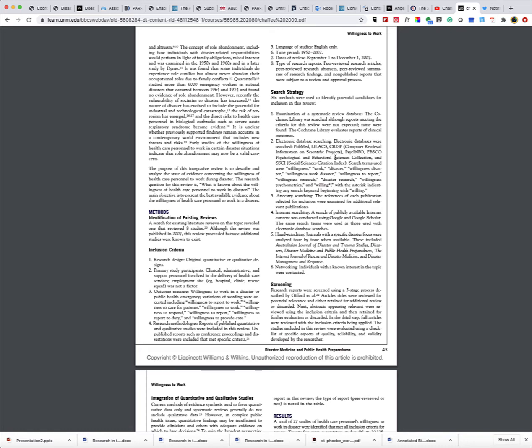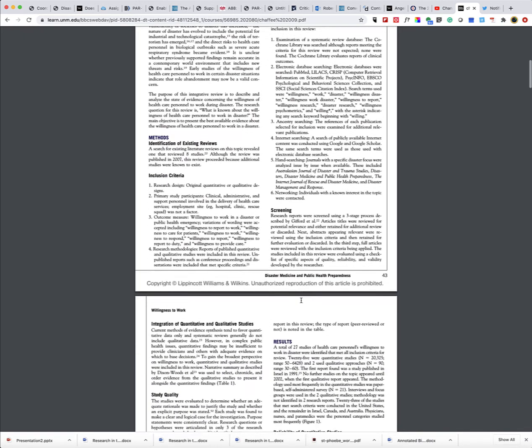And one of the reasons I asked you to keep a research journal that explained your search strategy was I knew when it came time to write your paper, you were going to wish you still had kept that. And this shows you exactly how Dr. Chafee did her search strategy.